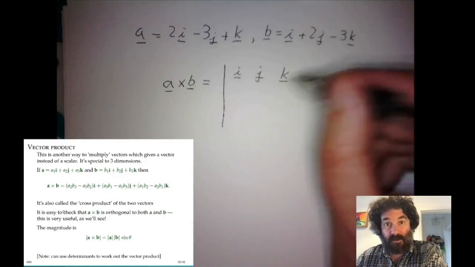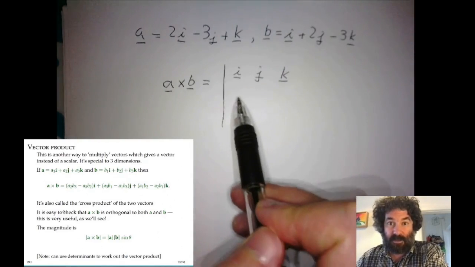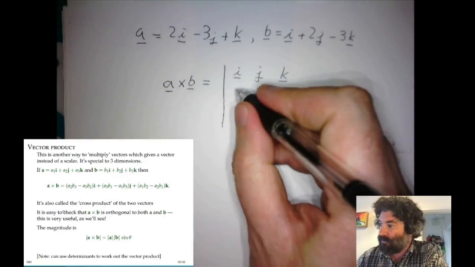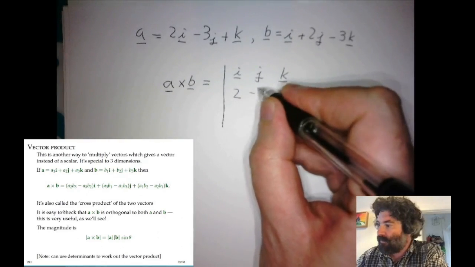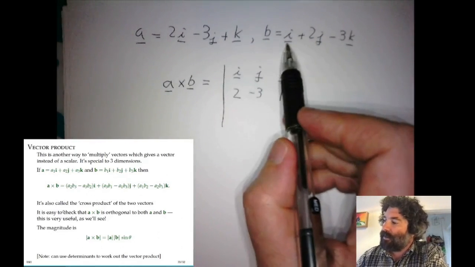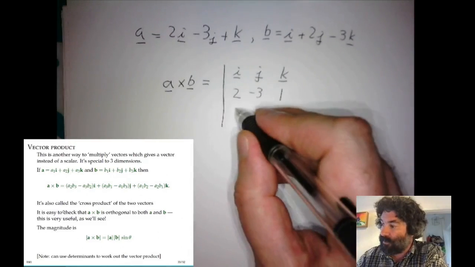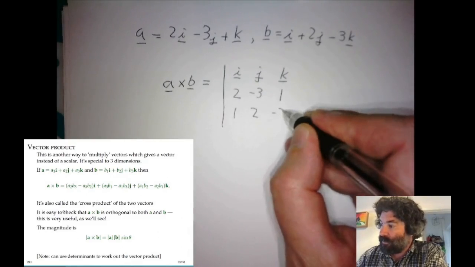The second row contains the entries of A corresponding to each i, j, and k. So we have 2, -3, and 1. And then the third row contains the entries of B in the same way. So 1, 2, -3.